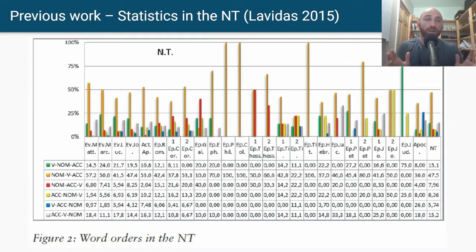And again, what's important about this, right, is Levitas's criteria. Okay, so he's not looking at every single clause. He's looking at every clause with a nominative subject, accusative object, right, and a verb, and nothing intervening. Okay, so that's an important point that we will come back to, is like when we're counting clauses, what sort of criteria are we using?